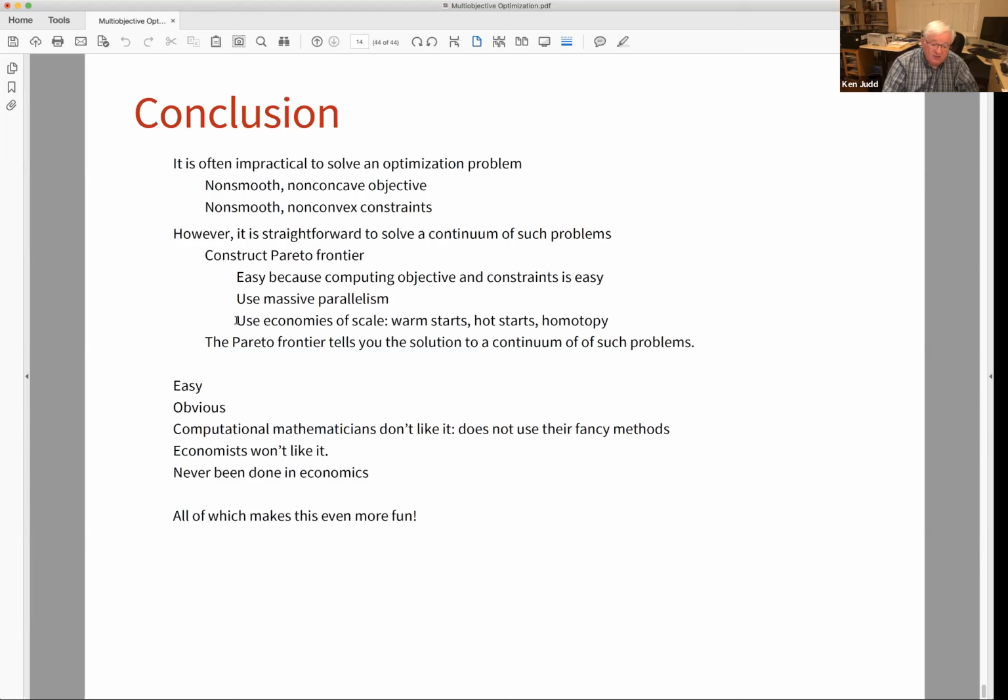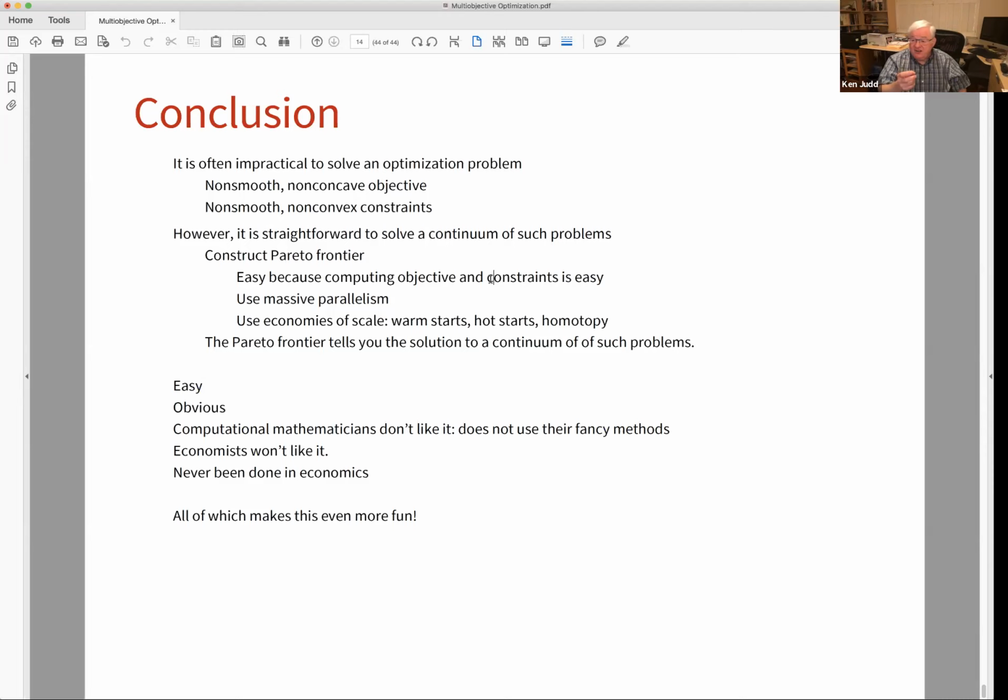Also, we will use economies of scale. When you're solving the consumer's problem for a list of tax policies, you can do warm starts, which means you take the solution from solving tau vector 1 and use that as the initial guess for a nearby tau vector.